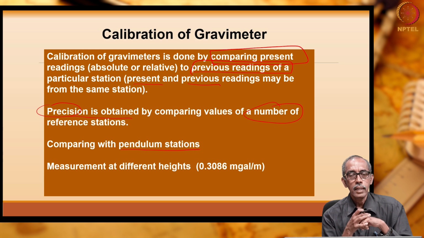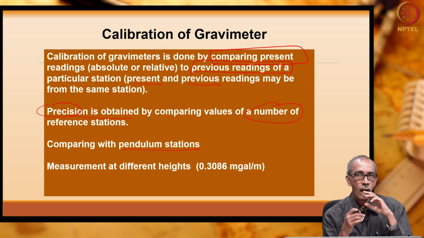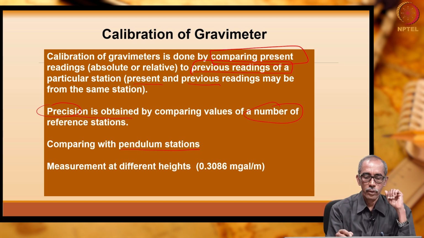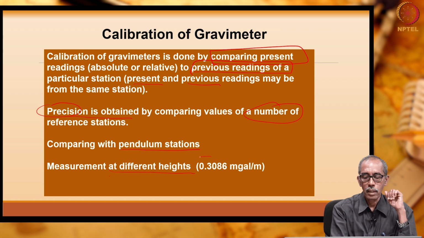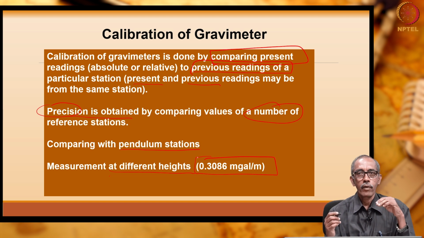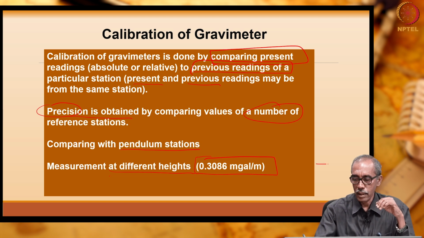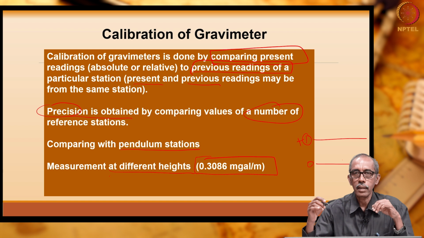taking the measurement at different heights. You do not have a nearby station, but if you have a relative gravimeter or absolute gravimeter, you can determine whether your instrument shows this much of a difference for height. Let us say this is the 0 level. Here you have made the measurement of gravity. Then you lift the instrument to +1 meter.